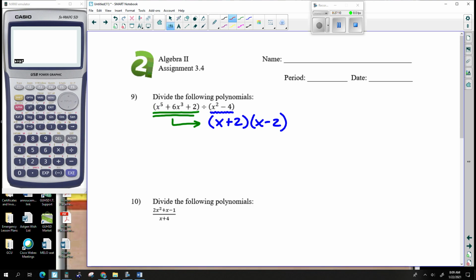All right. So I set up the number that I'm going to be dividing. So I start with an x to the 5th. X to the 4th. Notice how it does not have an x to the 4th. X to the 3rd. X squared. X. And then normal number.